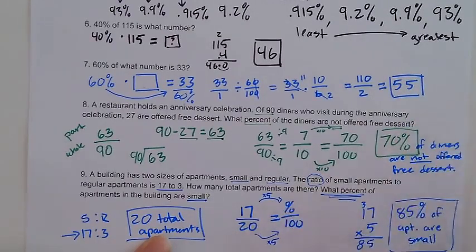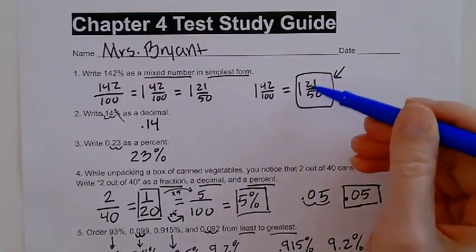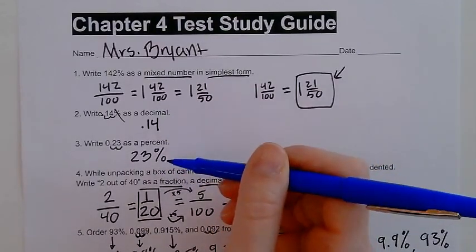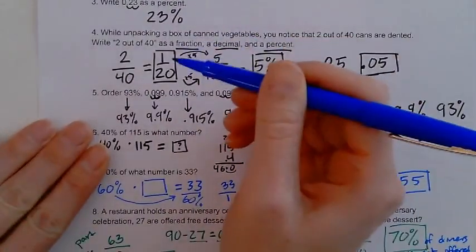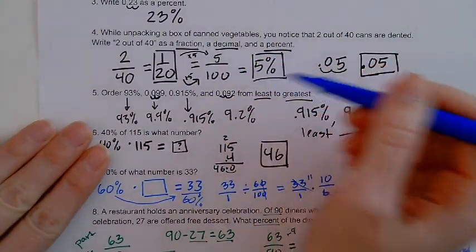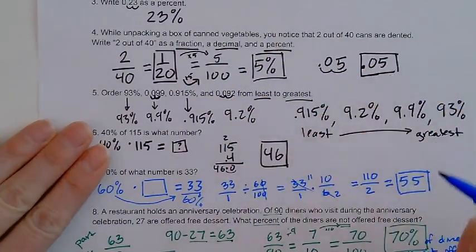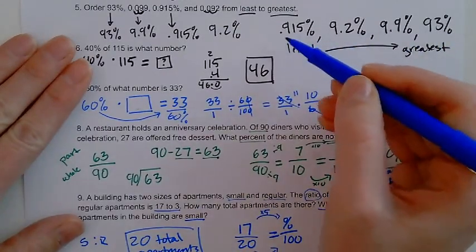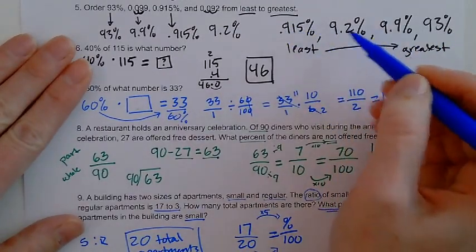So our answers are 1 and 21/50ths, 0.14, 23%, 1 over 20, 5%, 0.05. This one should be listed in this particular order: 0.915, 9.2%, 9.9%, 93%.